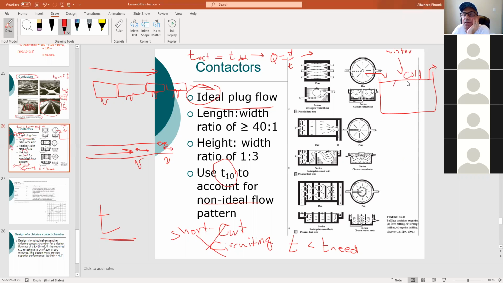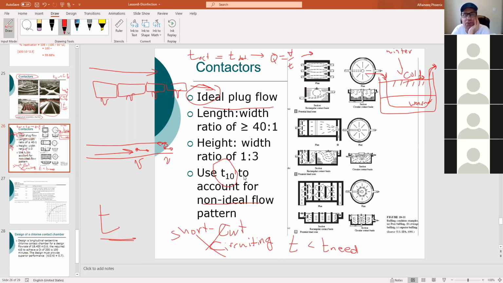The surface is colder than the bottom. Do you agree with that? This is warmer. And it happens in this case that the warmer one goes that way, and the colder one moves that way. In other words, you have two waters. One of them has a longer path and the other has a shorter path. Short circuiting happens here with the colder one, all right?